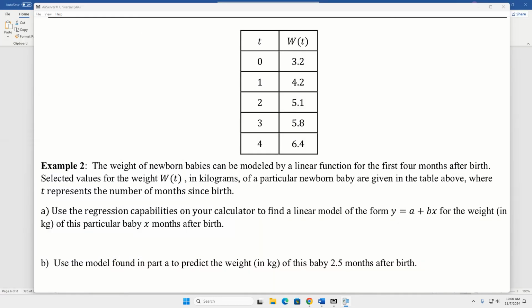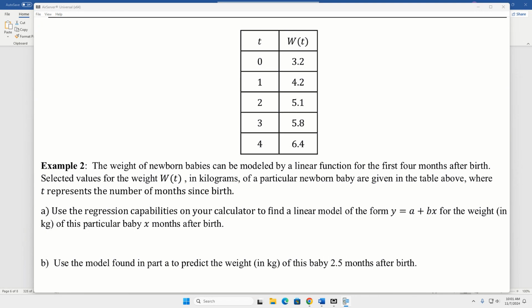From the beginning: the weight of newborn babies can be modeled by a linear function for the first 4 months after birth. Selected values of the weight in kilograms of a particular baby are given in the table below, where T represents the number of months since its birth.